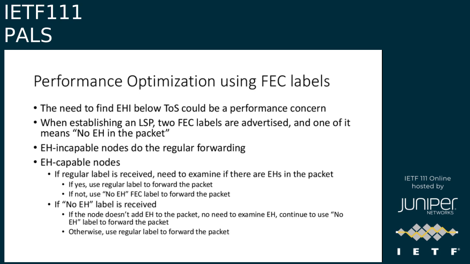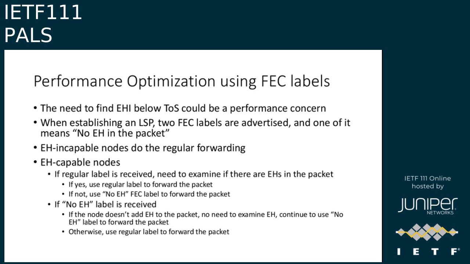If there is an extension header in it, they will continue to use the regular label to forward the packet. If they find there's no extension header, they will switch to the no extension header FEC label to forward the packet.